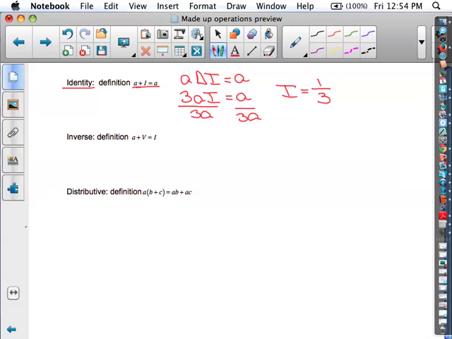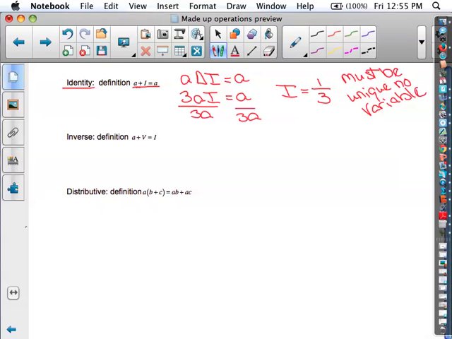The identity must be unique. It cannot have a variable, because it's the identity. So it must be unique.